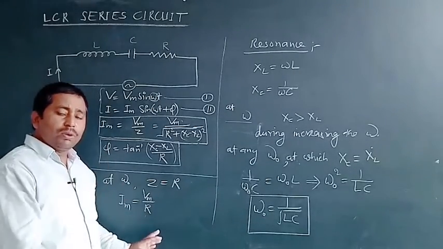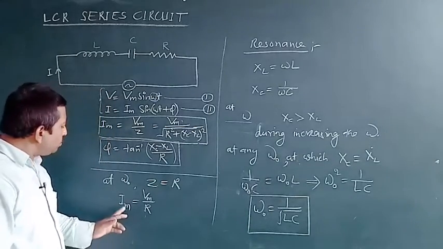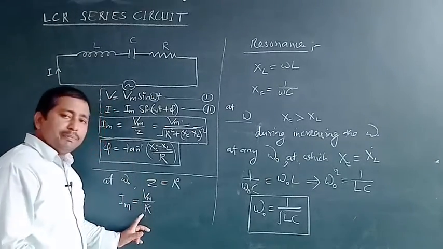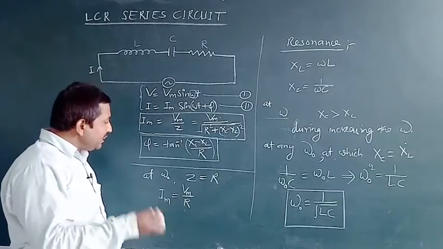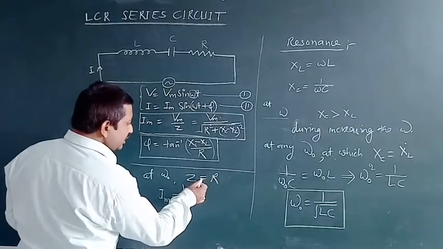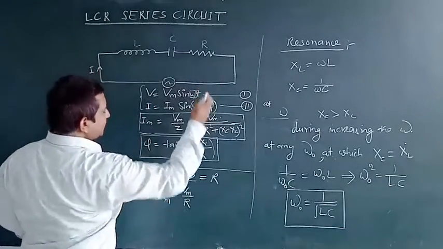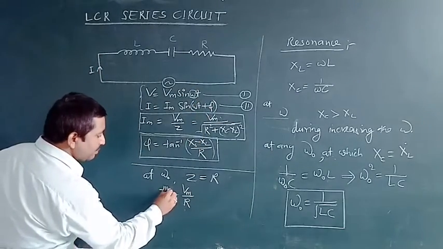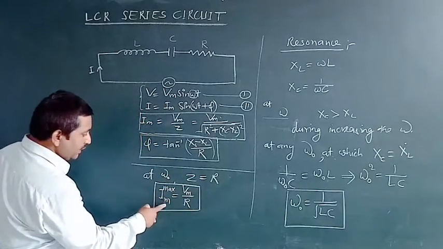for any other value of omega, the value of Z is always greater than R. So when the value of Z is equal to R, the value of the current flowing through this LCR series circuit becomes maximum. This can be represented by the symbol Im max.